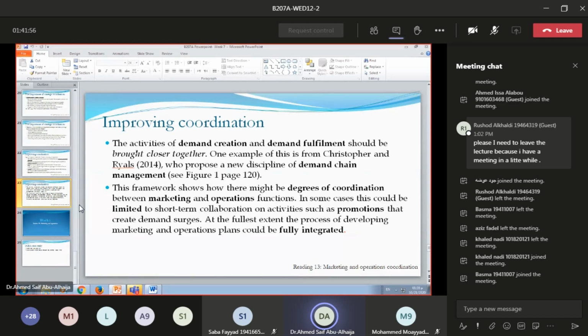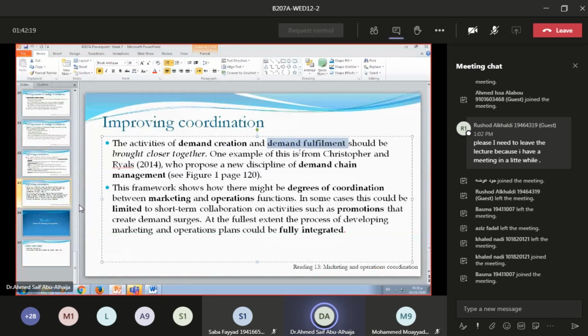This is the last slide. The activities of demand creation and demand fulfillment. There is a difference. Here, actually, you are creating the demand. You make some promotion to show customers that we have a product, and this product will solve your problem with a good price, with a good taste, with good features, whatever. Here, you need to give the product, right?